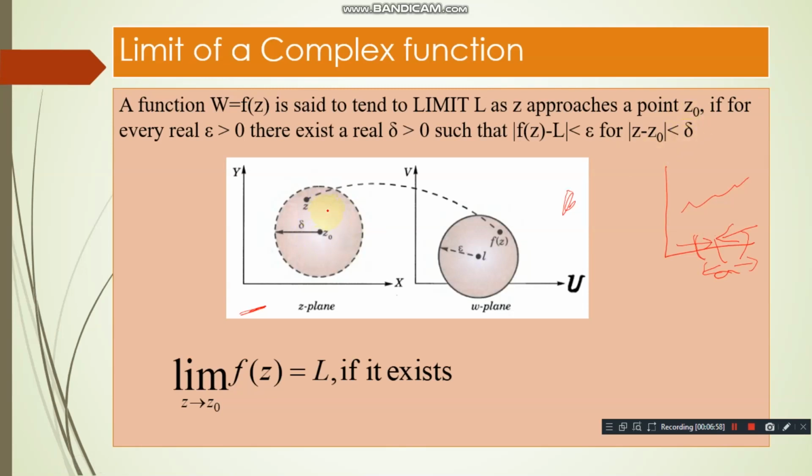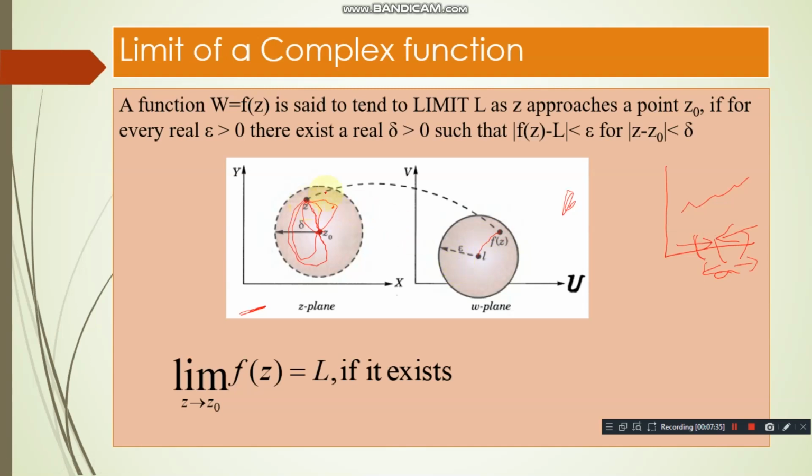Suppose I take the value z here, and from this z value we approach z0, either along a straight line, or like this, or like this. So there are an infinite number of ways to reach z0 from z. But along all these different paths, the corresponding f of z reaches L exactly.